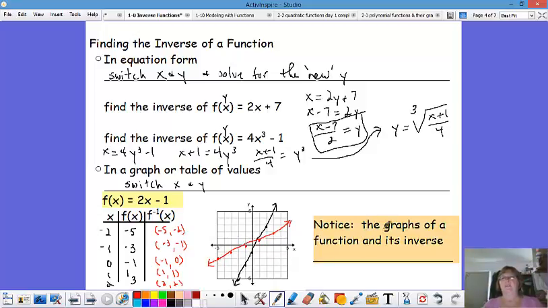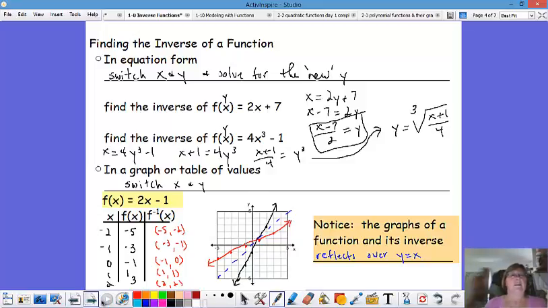And one thing that you might notice, the graphs of a function and its inverse, folks, they are reflections of each other over the line y equals x, because that's exactly what you did, you switched x and y, so you get that reflection.